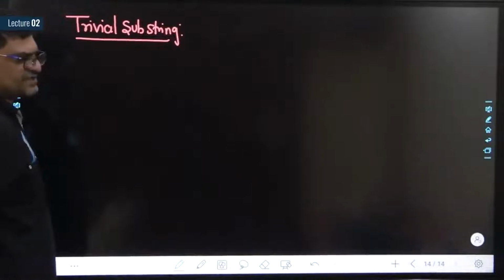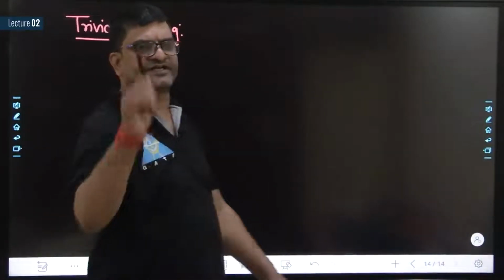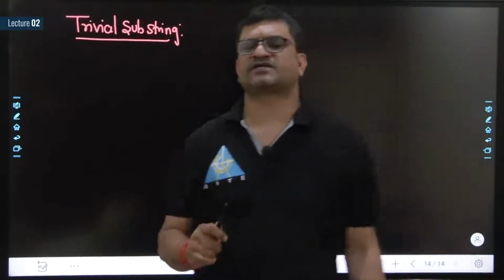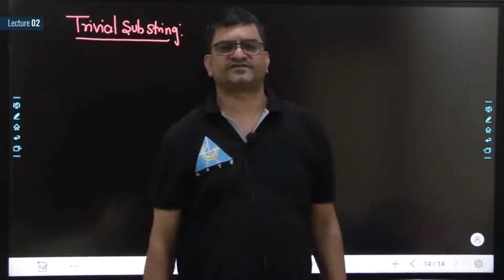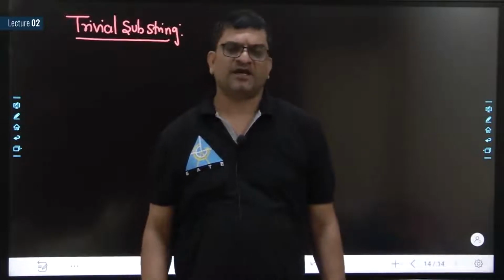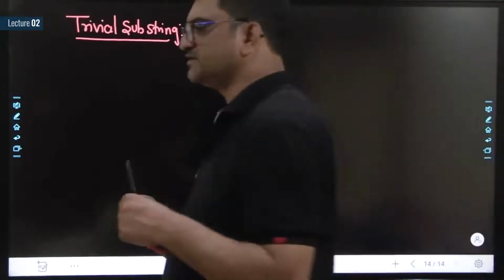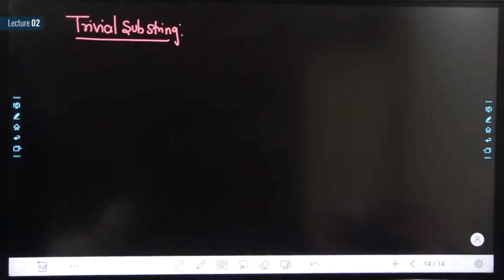Suppose we have a string W, then string W itself and epsilon are called the trivial substrings. Trivial substrings are always two: the string itself and the null string. Clear?